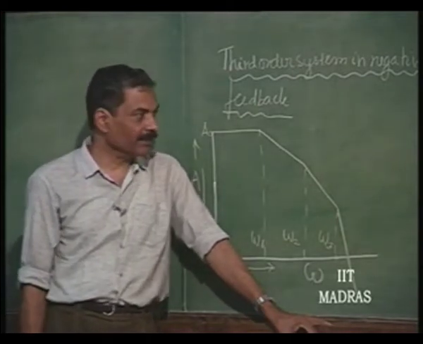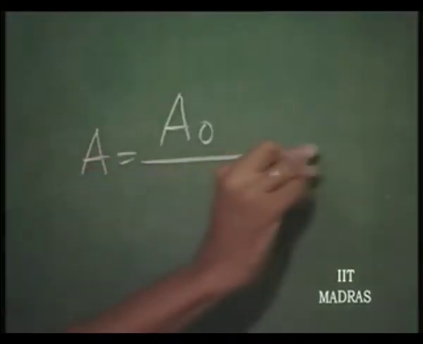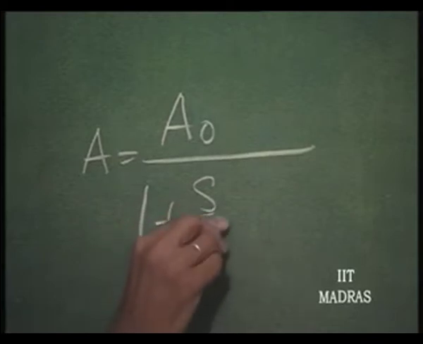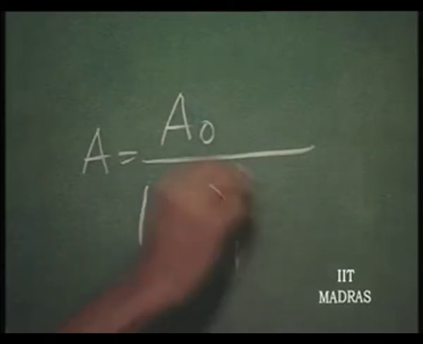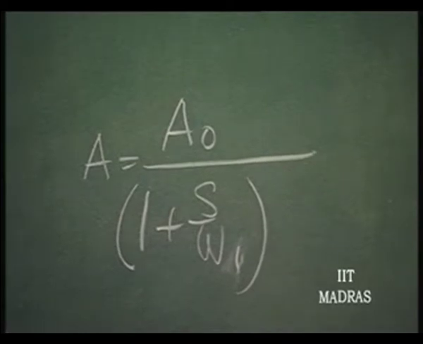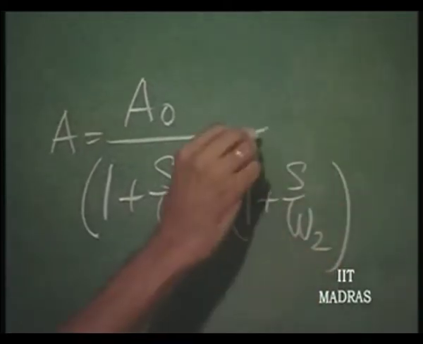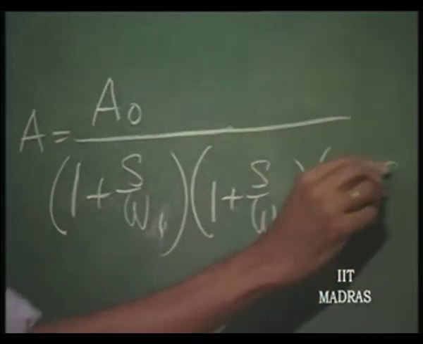It can be interpreted in the following manner: A equals A naught by 1 plus s by omega 1, the first corner frequency, times 1 plus s by omega 2, the second corner frequency, times 1 plus s by omega 3.